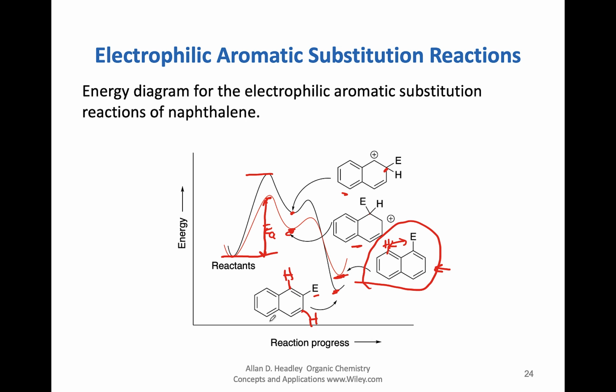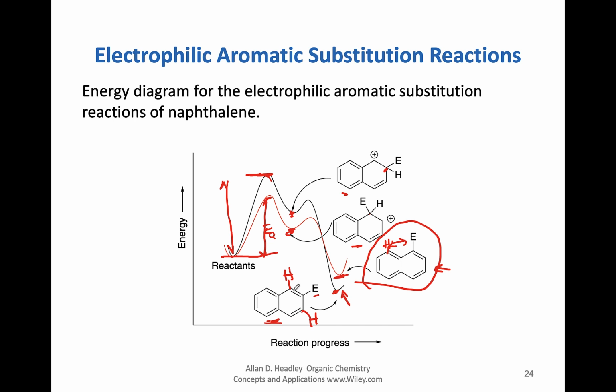If you want this product here, you get the reaction to a high temperature so it gets all the way up to here. Supply enough energy of activation here to get to this and over to this intermediate. So in the fast step, we will get this as our major product.